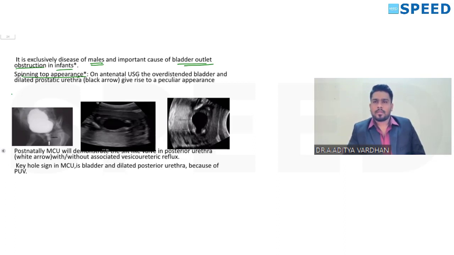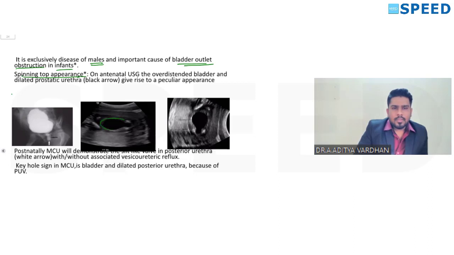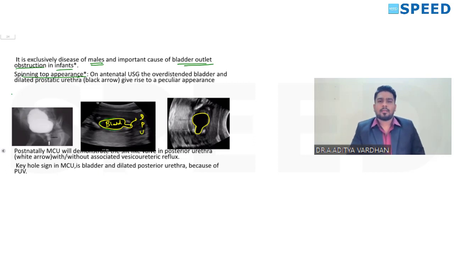Okay? How it will be? This is an ultrasound image, which is showing an appearance like this. Okay, the same image appears like this. Okay, so what is this part, sir? This part is the bladder, and this is the dilated posterior urethra. Okay, dilated posterior urethra.